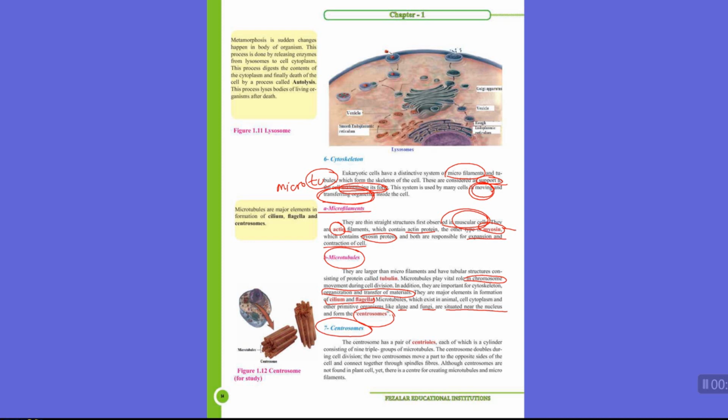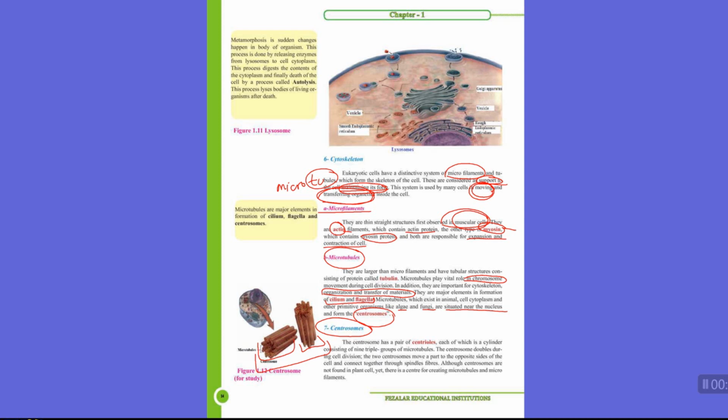The centrosome has a pair of centrioles. Each is a centriole, but both of them together we call the centrosome. The centrosome is found in animal cells but not present in plant cells. So as a comparison between plant cell and animal cell, another difference is the presence of the centrosome.